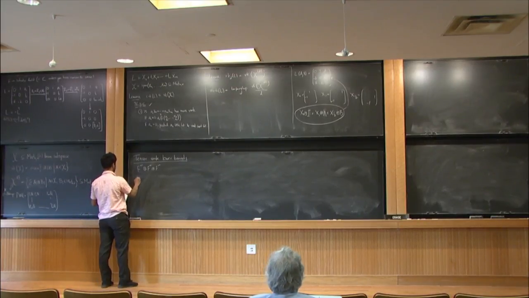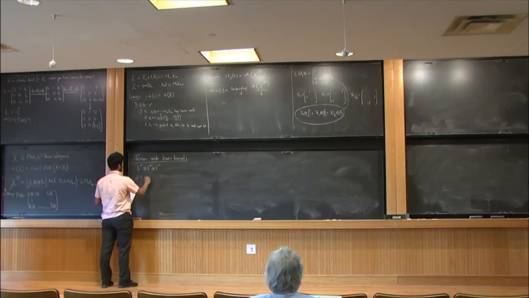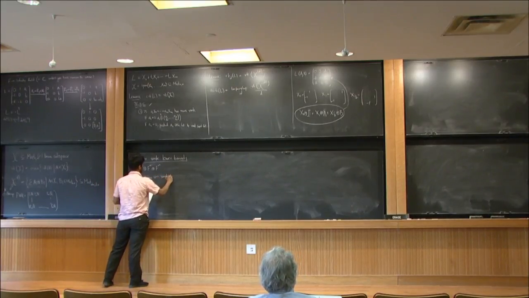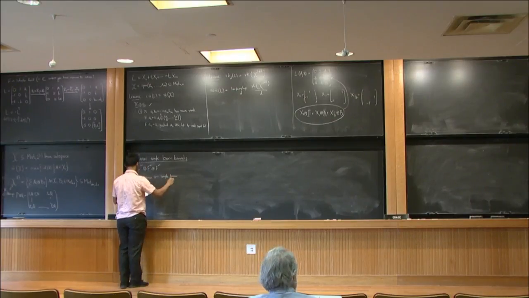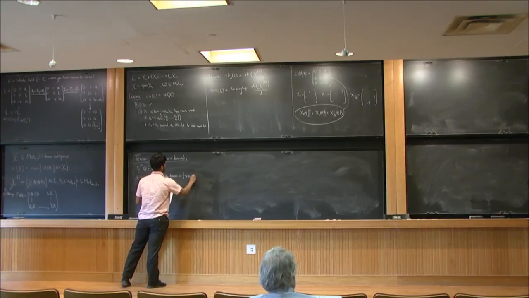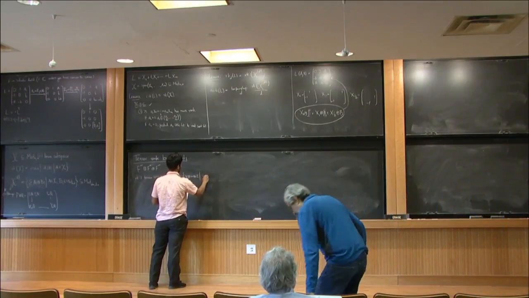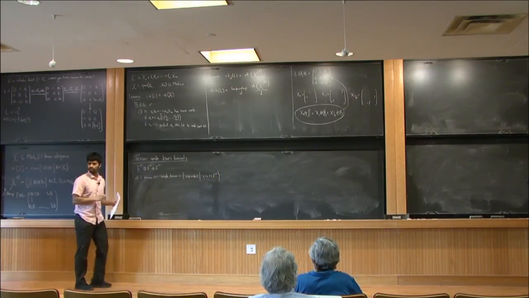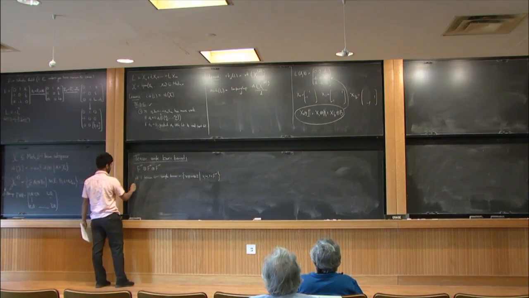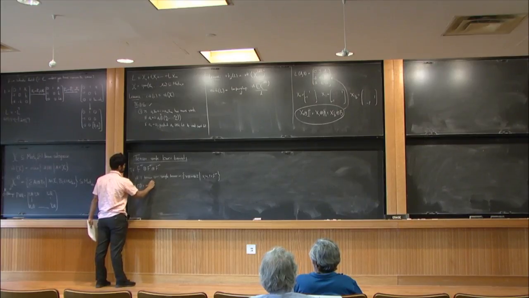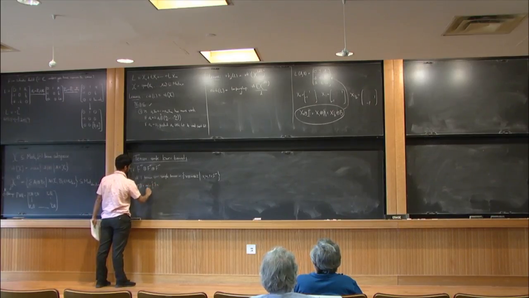A rank 1 tensor, or simple tensor, is something of the form V tensor W tensor Z. And for any tensor, its tensor rank is the minimum number of simple tensors that you can write it as.